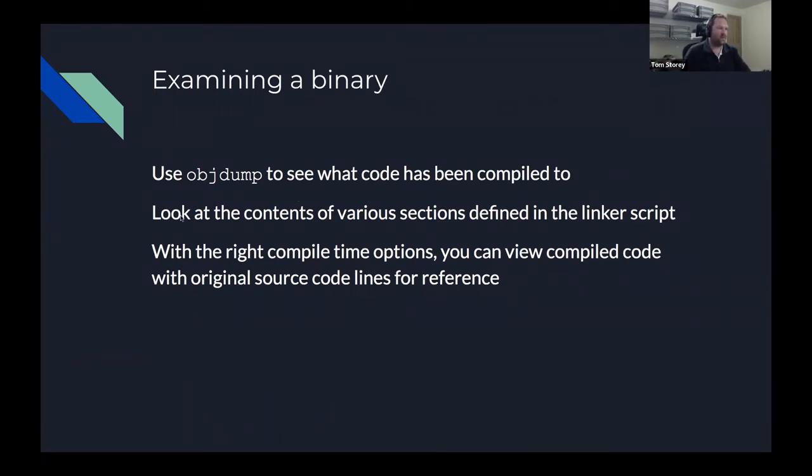Using this tool, we'll be able to look at all of the different sections that have been defined in the linker script and what's been placed into them. And if you use the right compile time options, then you can also run particular commands to view your source code lines and what they've been compiled into.